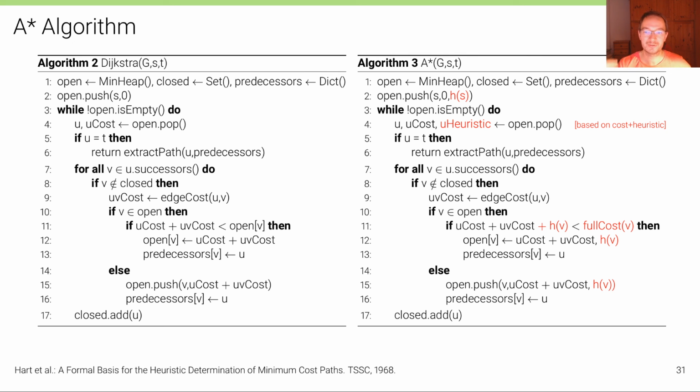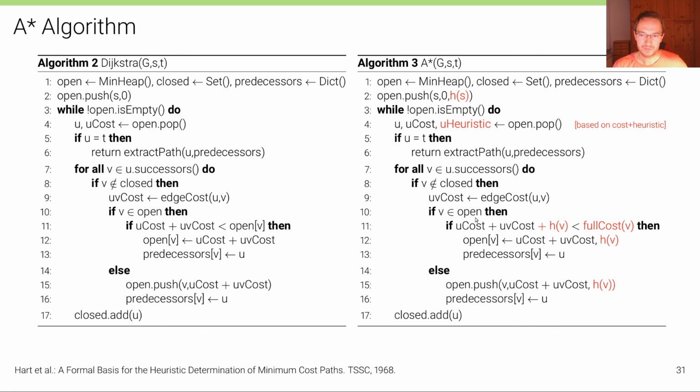So now we're trying to check the distance if we go through node u to node v, if that cost is smaller. And if that is smaller, then as before, we're going to replace the costs in the open min heap for node v by this new cost, and also the heuristic by the new heuristic. And we're going to update the predecessor of v to be u.